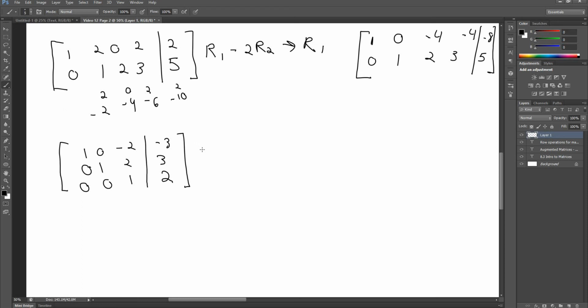I could do row 1 plus 2 times row 3 is going to become my new row 1.